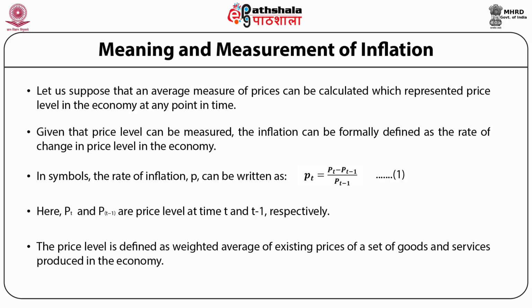Since the definition of inflation is based on change in price level, one needs an unambiguous definition of price level. Therefore, the price level is defined as weighted average of existing prices of a set of goods and services produced in the economy.